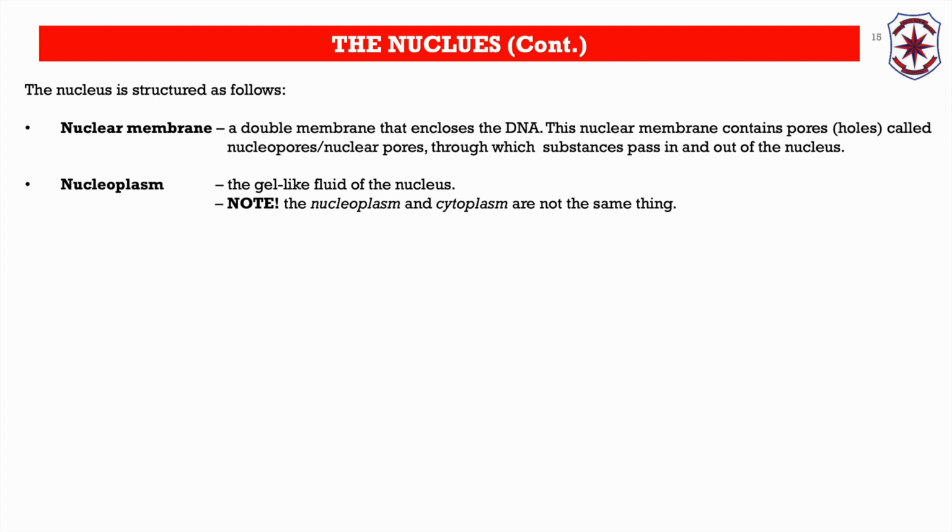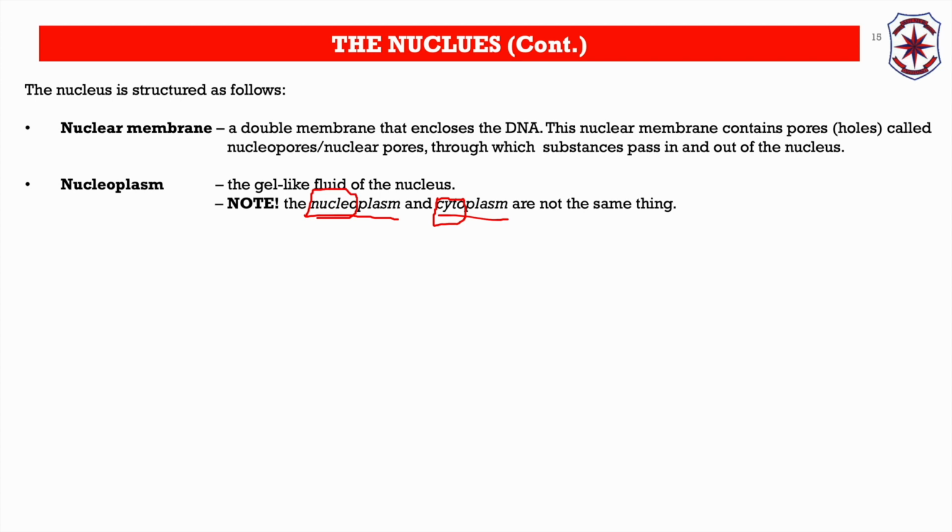Note this, very important, this is a mistake that a lot of learners make. The nucleoplasm and the cytoplasm. Please mind the prefix. Cytoplasm is a watery substance of the cell. Okay, so cyto is a prefix referring to the cell, and then nucleo is the prefix referring to the nucleus.